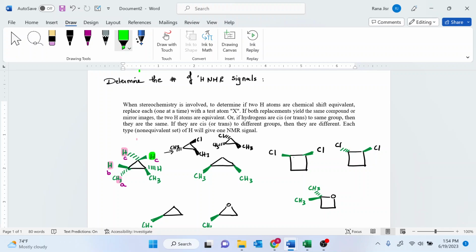HC is going to be trans to this hydrogen, and HC over here is trans to this hydrogen. So these hydrogens are the same. So this is why the HCs are the same. So over here, I do have three different sets of hydrogens. This is going to be B and this is going to be A. So I have three proton NMR signals.